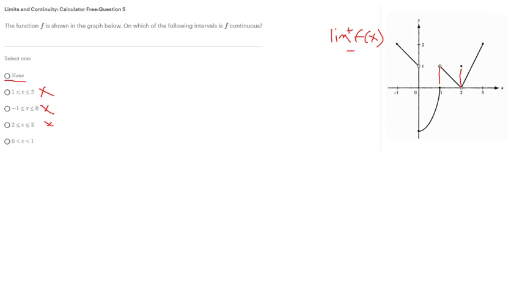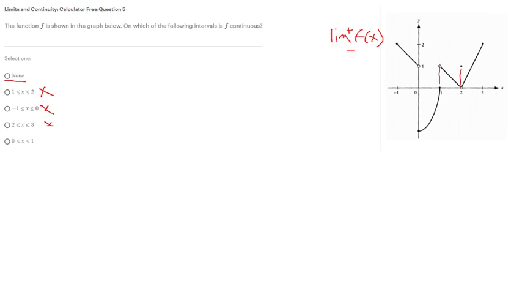Now we have the last one. 0 is less than x, and x is less than 1. While there is a discontinuity at the number 1, since it's only less than 1, we're not including the number 1 here, meaning the discontinuity is not included in this interval.